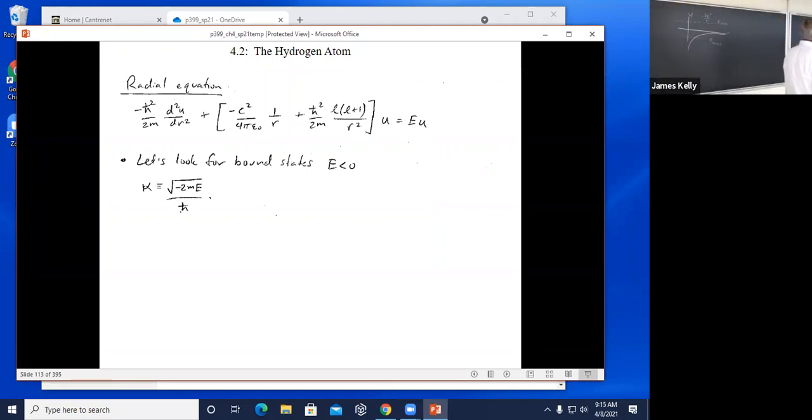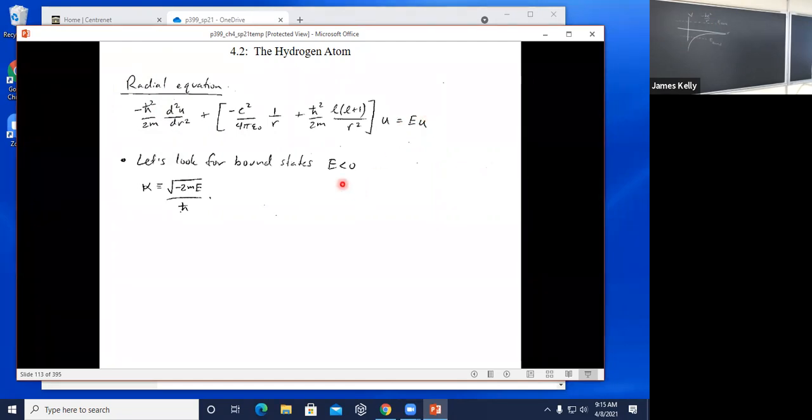Now, if the energy is less than 0, usually the way we proceed is to multiply or divide by this constant on both sides to get the second derivative by itself. When we multiply by minus 2m over h bar squared, we get a minus 2mE over h bar squared.